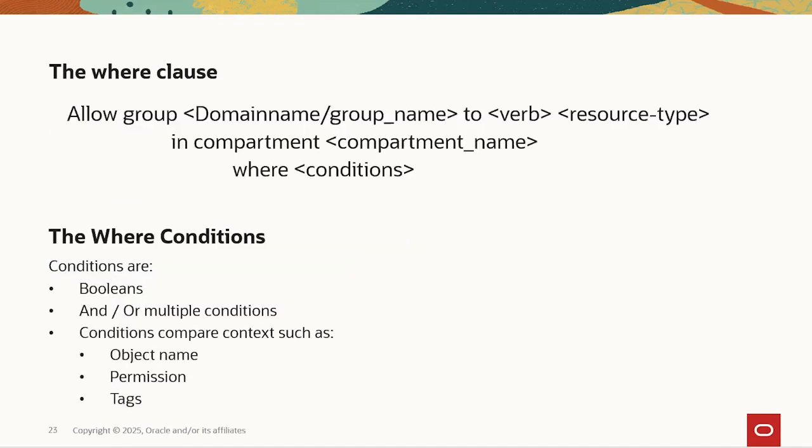Now we'll talk about the where clause. What if I have to go one level deeper, beyond the individual resource type, and define the access or the policies even further? I have a where clause. Where is nothing but a condition. It can be a Boolean condition, which can be equal to or not equal to. We have and, or, so these are logical operators: all and any.